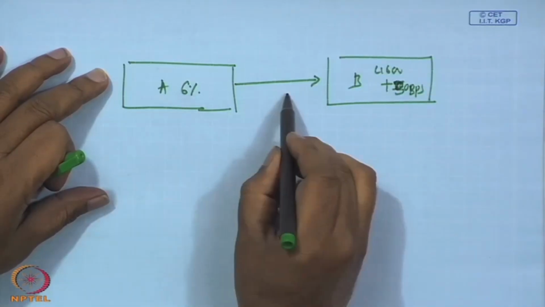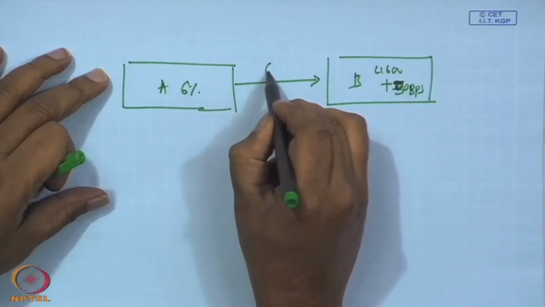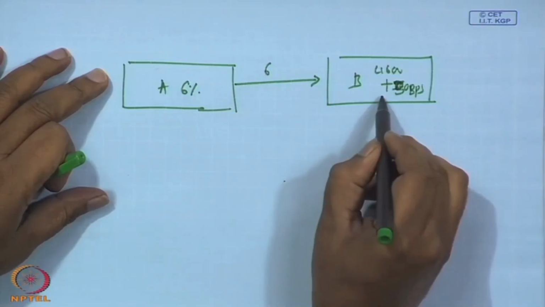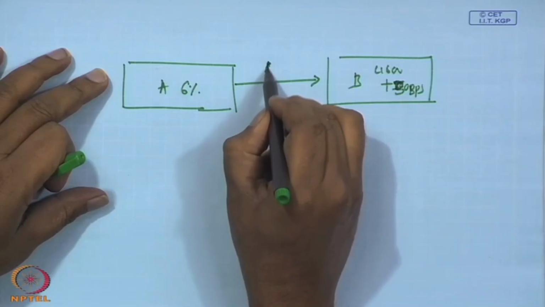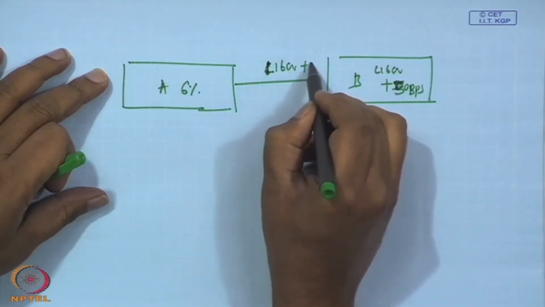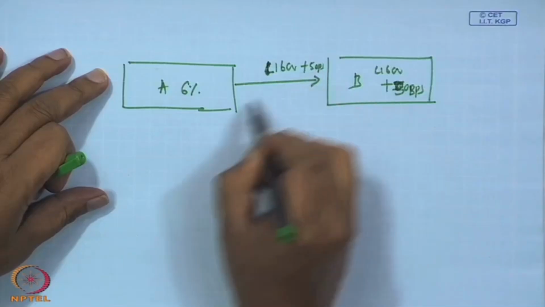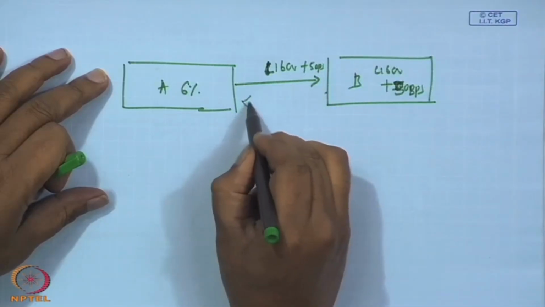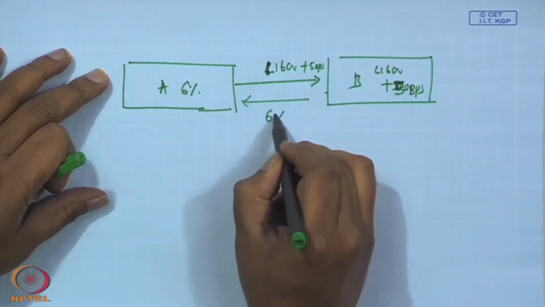So company A will surrender to company B LIBOR plus 50 BPS, and company B will give to company A 6%.